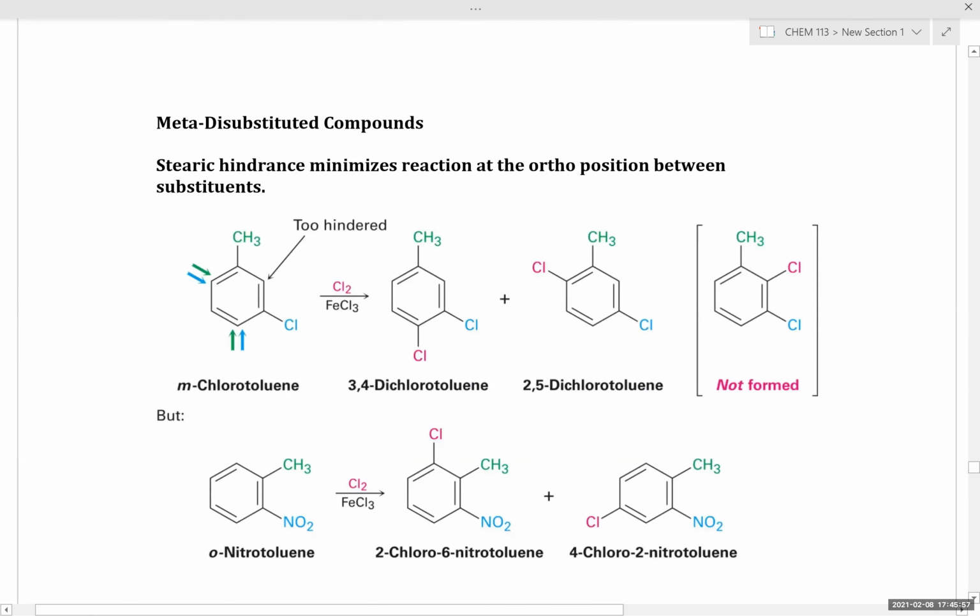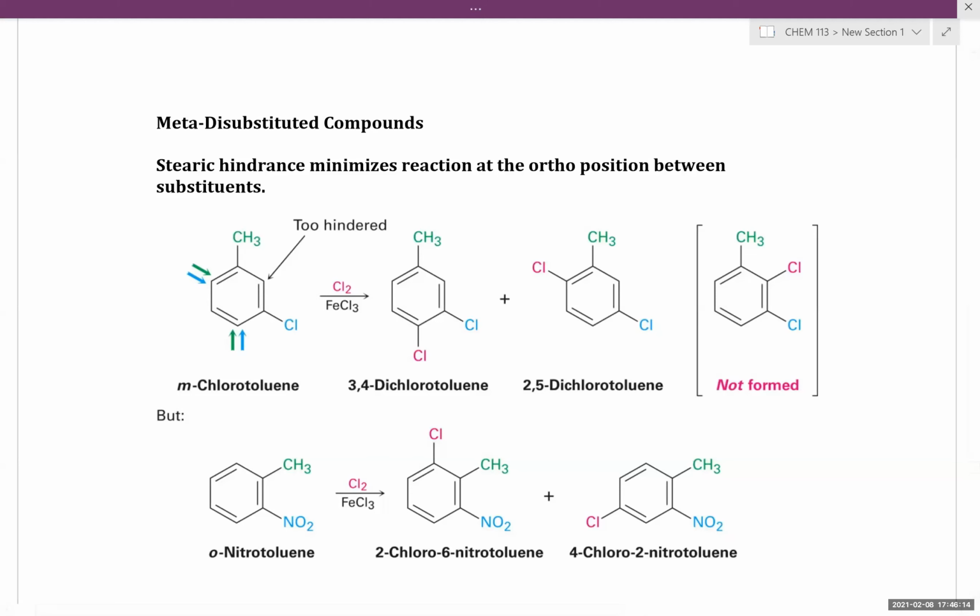To help us understand the rationale when we have identical directing groups, let's talk a little bit about meta-disubstituted compounds. These are a classic case where you often can have two directing groups pointing to different locations.